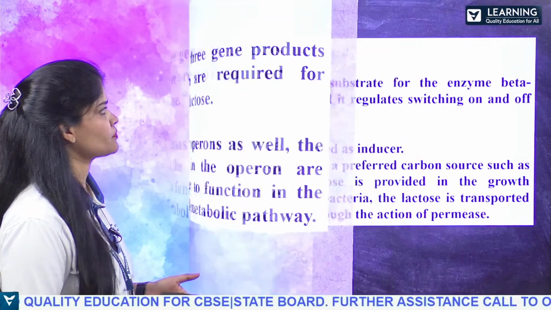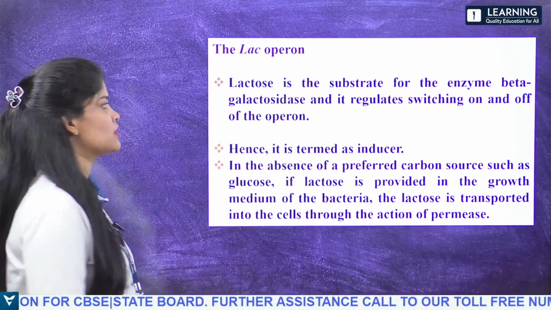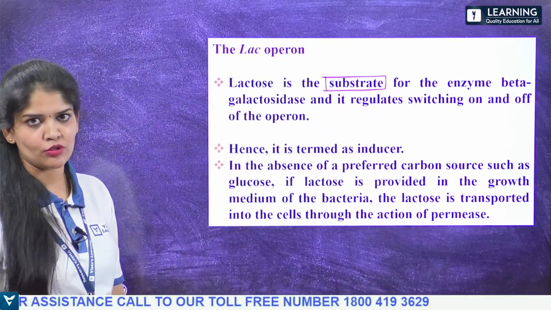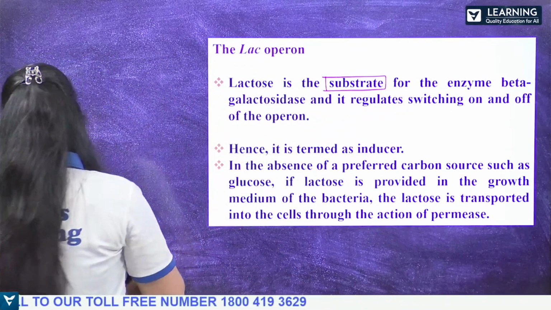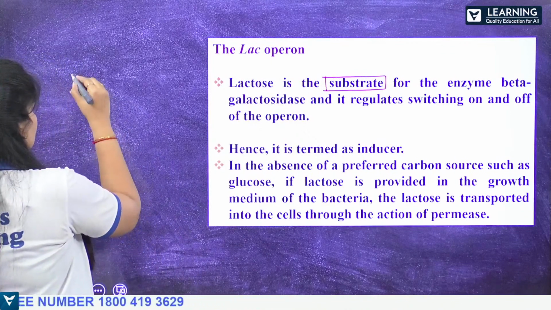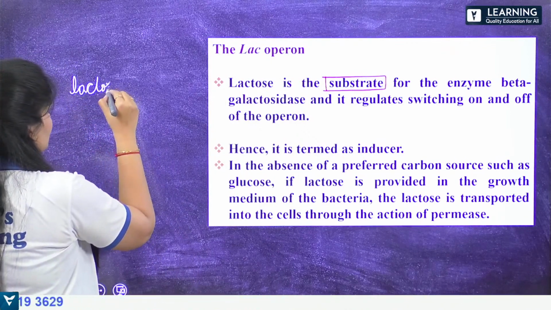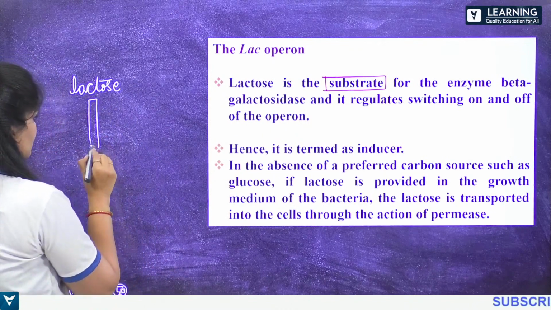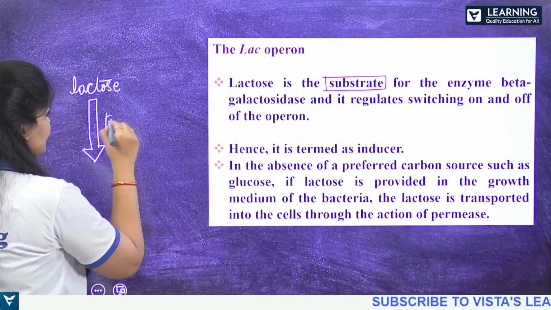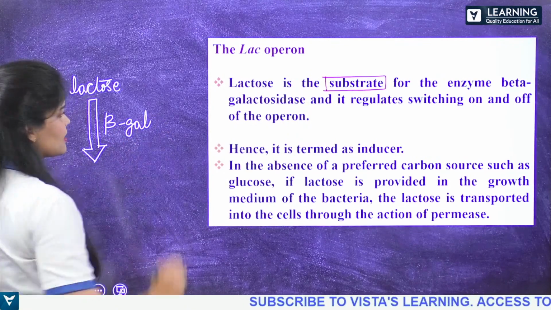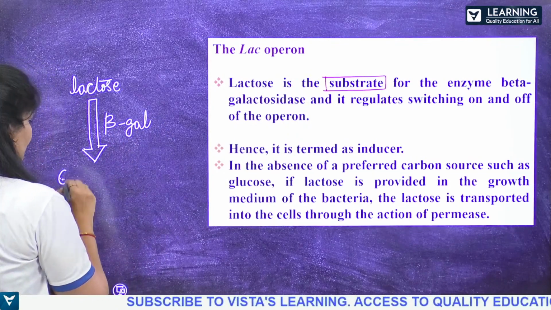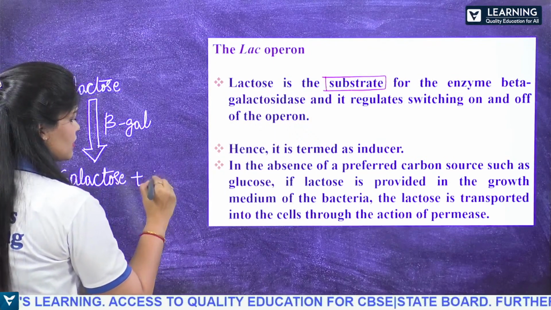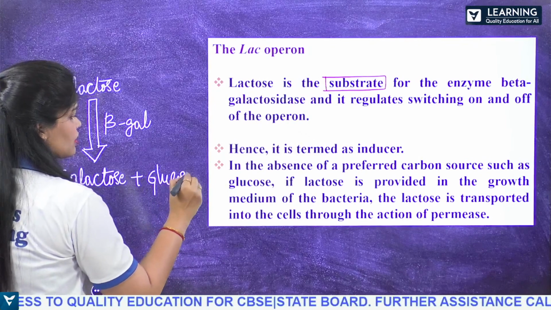Now, lactose is a substrate for the enzyme beta galactosidase, right? If you consider this is a reaction, lactose in the presence of an enzyme beta galactosidase is going to break down into galactose plus glucose.